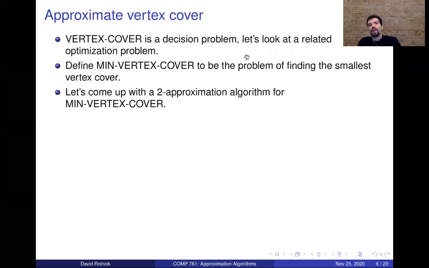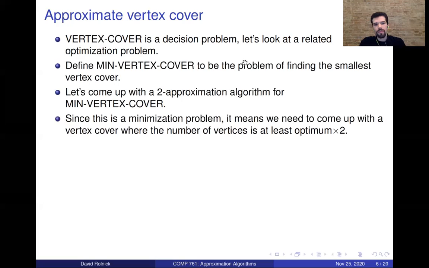Let's come up with a two approximation algorithm for min vertex cover. And again, what does that mean? Well, sorry, this should be at most. I really messed this up. Since this is a minimization problem, we need to come up with a vertex cover where the number of vertices is at most, again, I'm sorry, this should read at most, optimum times 2.